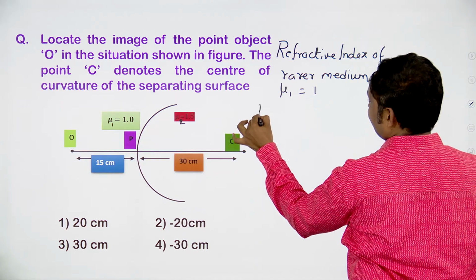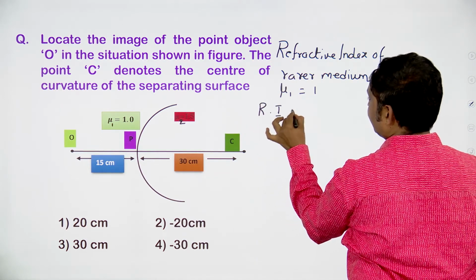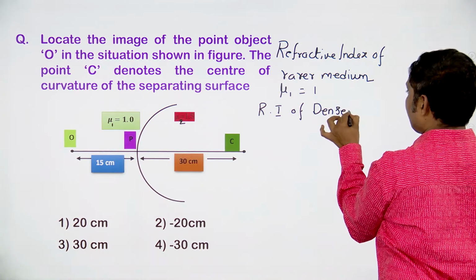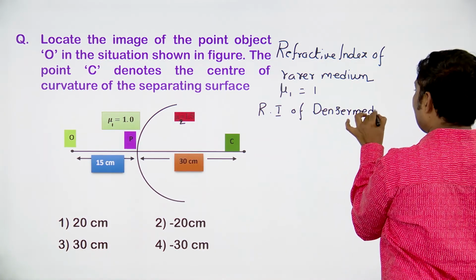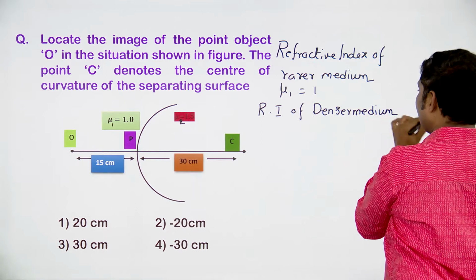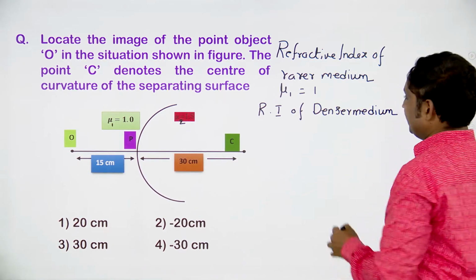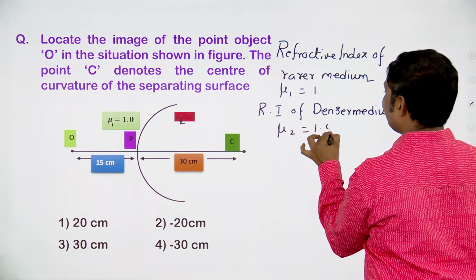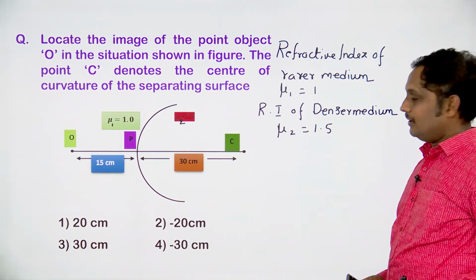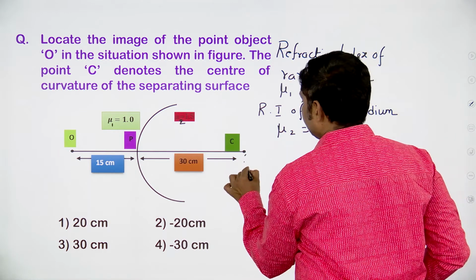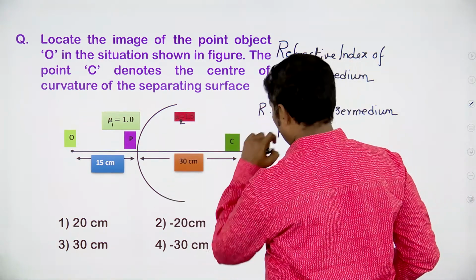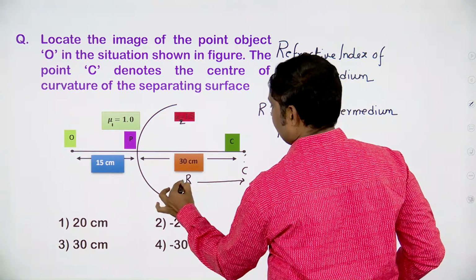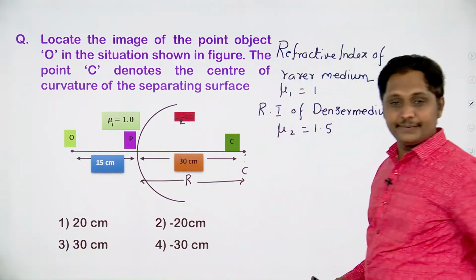The refractive index of the denser medium, that is mu 2, given value, is equal to 1.5. Here it's going to be the center. You have to confirm that this is going to be the R.